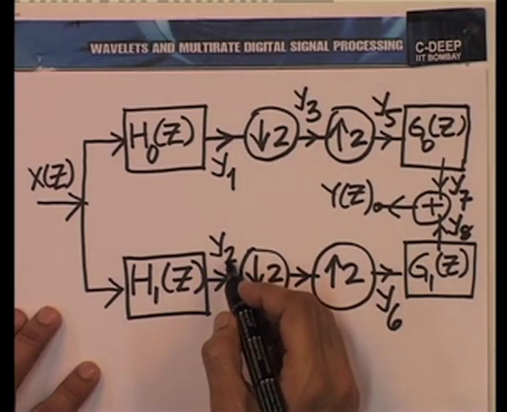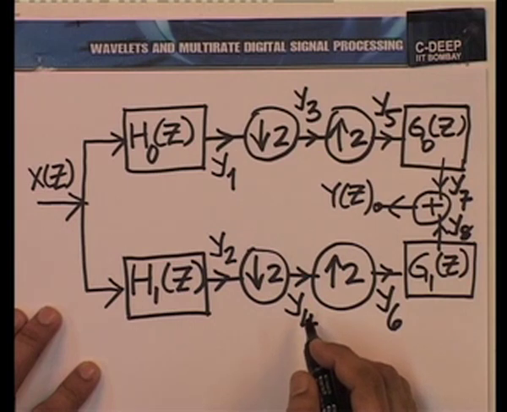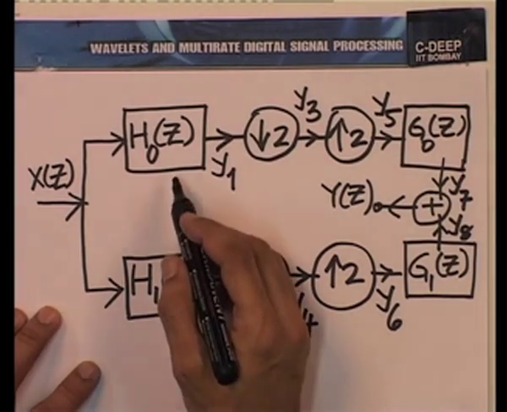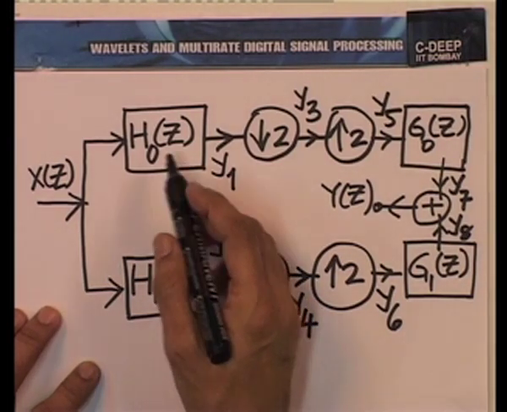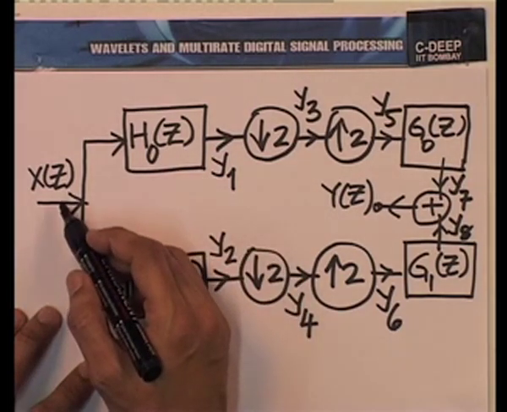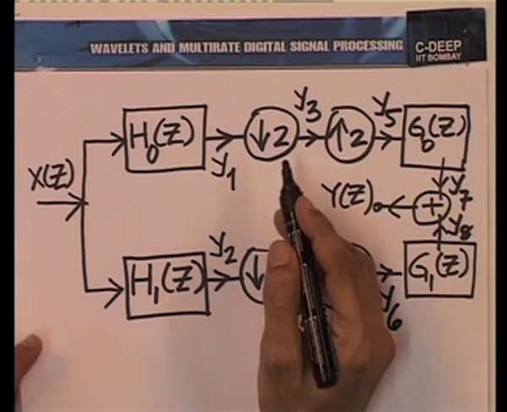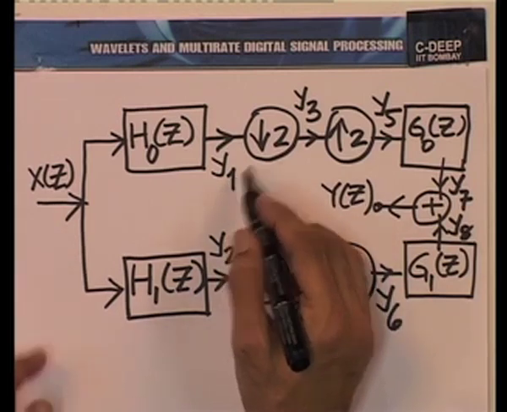And similarly, y 2 z is simply x z times h 1 z. When we filter with a filter of system function h 0 z, the effect is to multiply the Z transform of the input by the system function of the filter to produce the Z transform of the output.